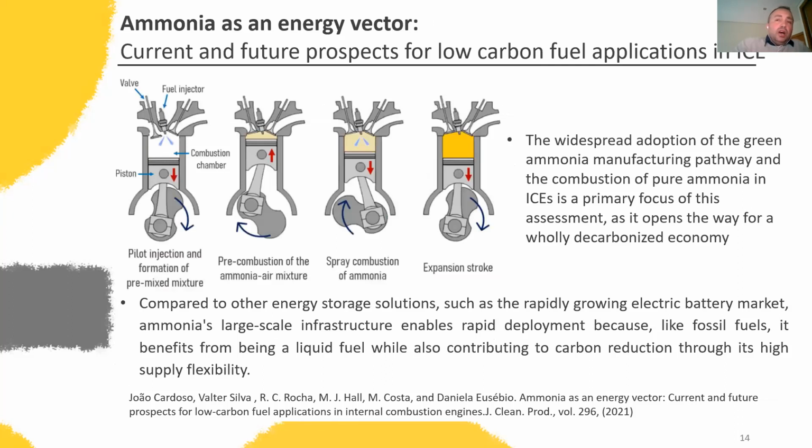So, as I was saying before about the fuels, we have here an example of what we do in simulation. In this case, it is with ammonia, and we try to understand every step that occurs with the combustion of the fuel inside the engine and try to understand the best operating conditions.